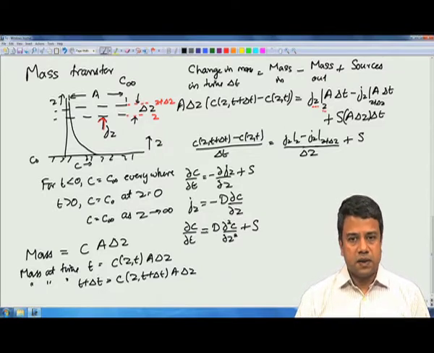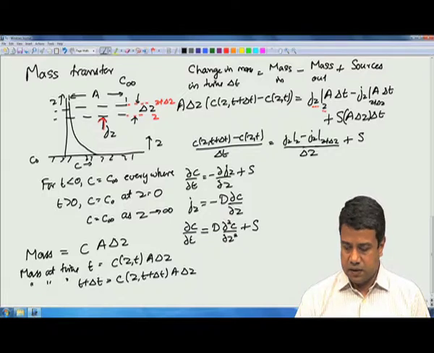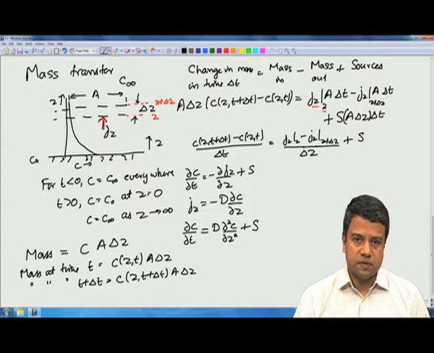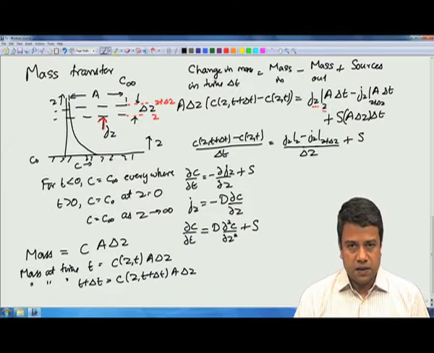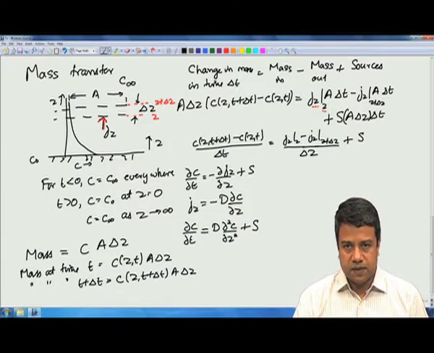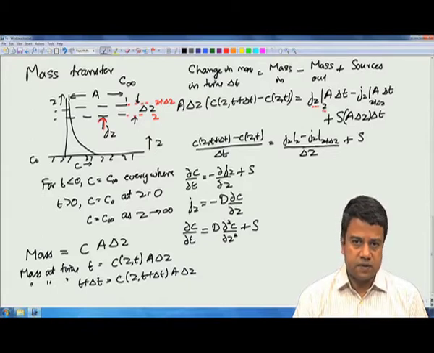So, that is the mass diffusion equation. You can see on the left side you have a first derivative of concentration with respect to time. On the right side you have a diffusion coefficient times the second derivative of concentration field with respect to the z coordinate plus a source.